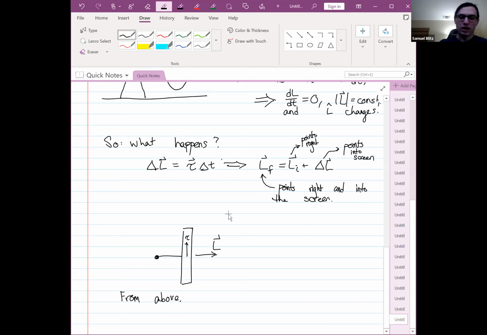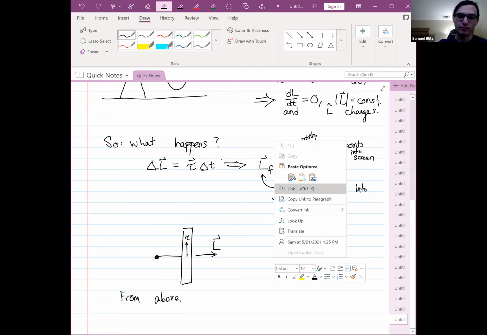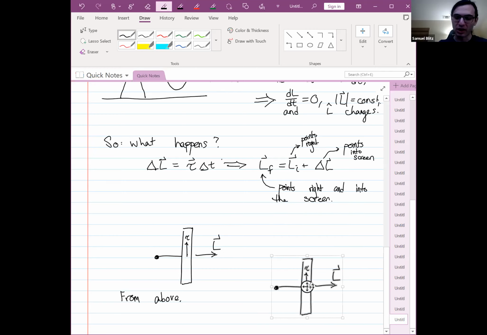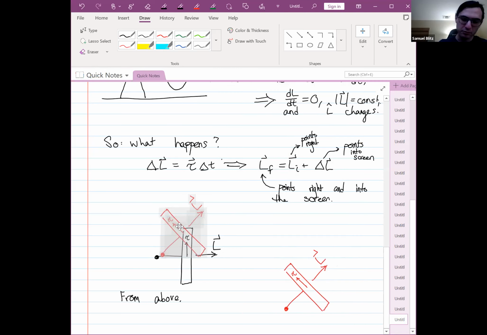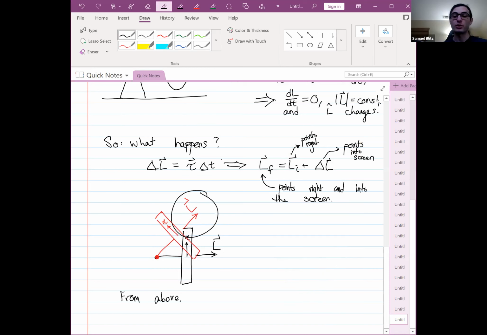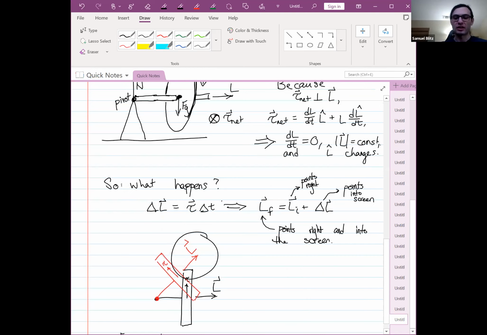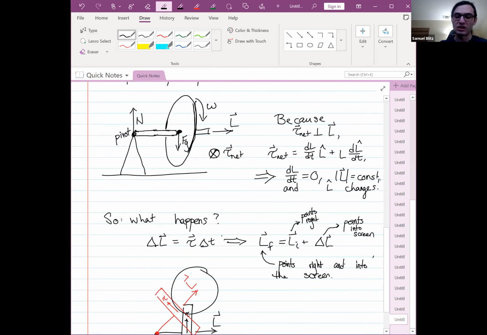So at the next instant in time, say L_F, if this is L_I, or the initial time, the next instant in time would look something like this. We know that the angular momentum has to point up and to the right, because up in this case means into the screen, because we're viewing it from above, and to the right still means to the right.